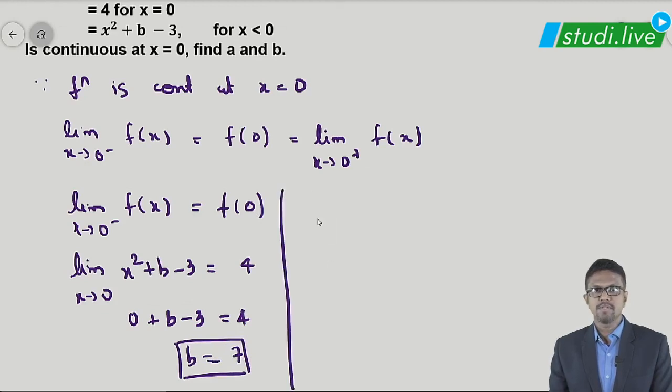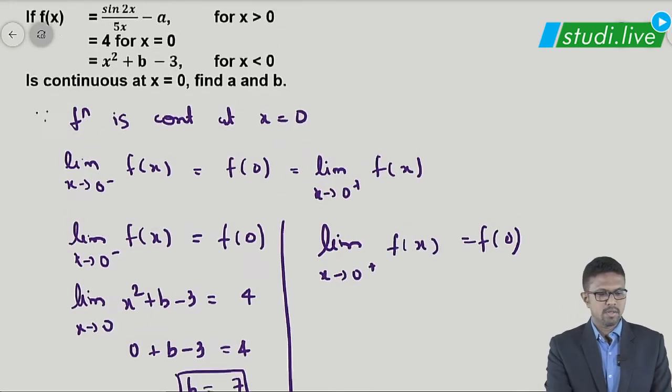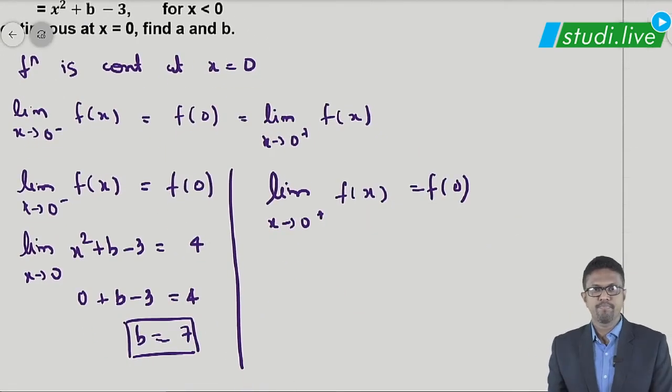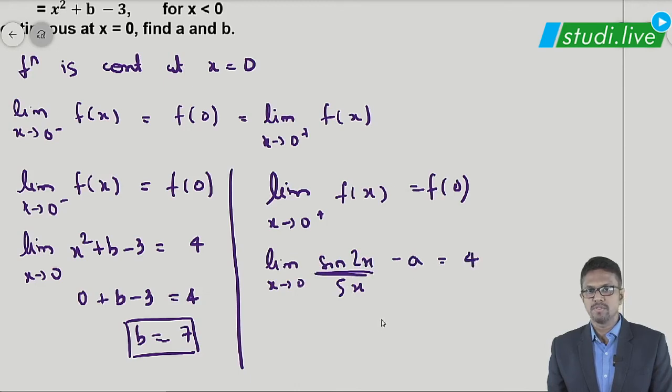Now let us solve for the second part. So we can also say limit x tends to 0 plus f of x is equal to f of 0. So this is limit x tends to 0 of sin 2x upon 5x minus a, is equal to f of 0, which is 4.